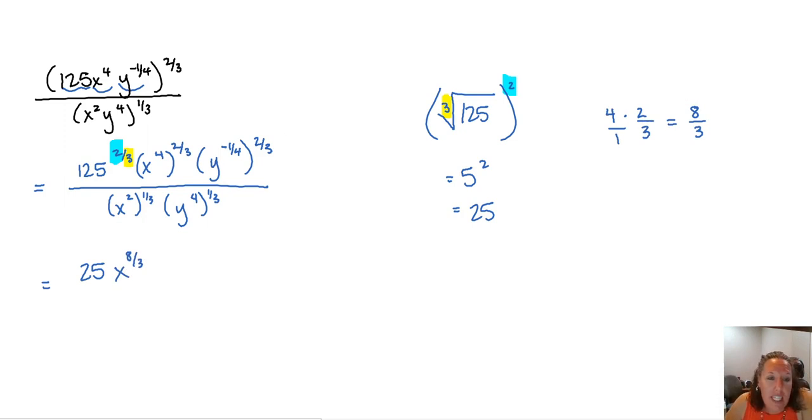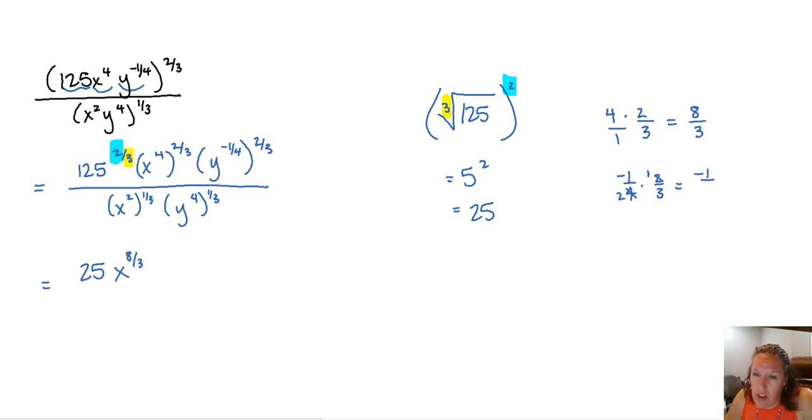Then we have y to the negative 1/4 to the 2/3. Again, multiplying the exponents, negative 1/4 times 2/3. We can simplify that. We've got a 2 in the numerator and a 2 in the denominator. We can divide out.